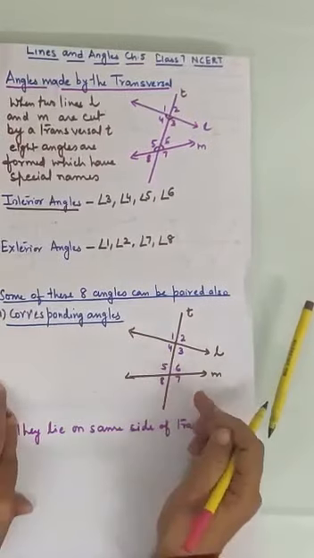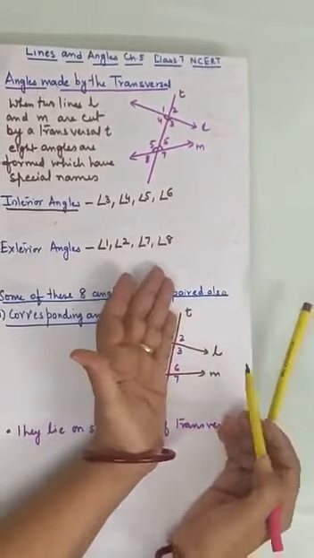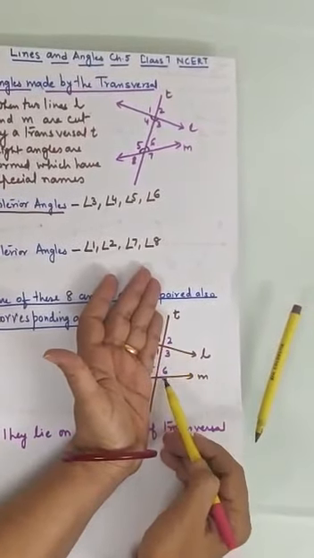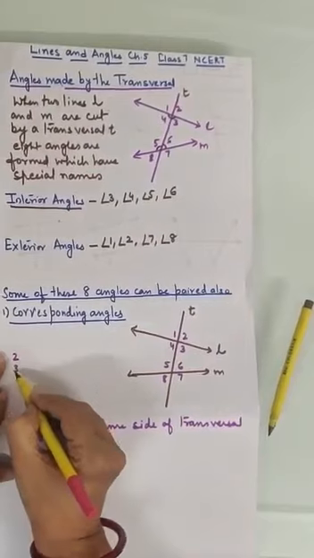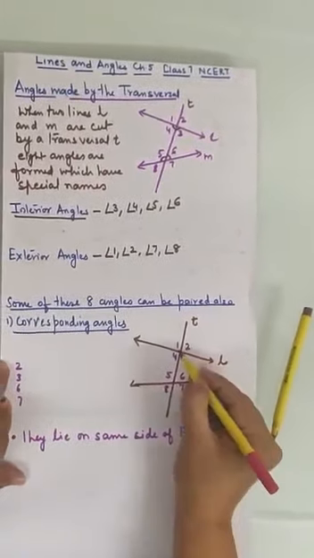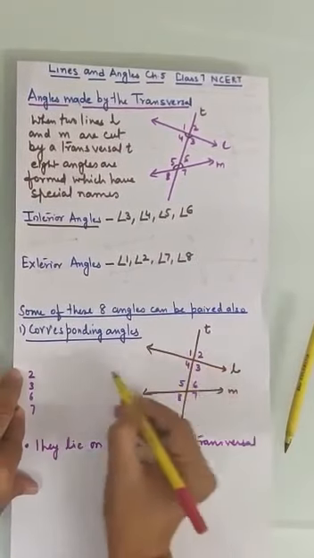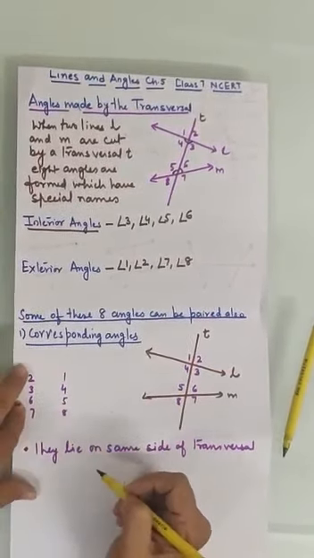So they lie on same side of the transversal means this is our transversal. So one side is 2, 3, 6, 7. Another is 1, 4, 5, 8. Alright.